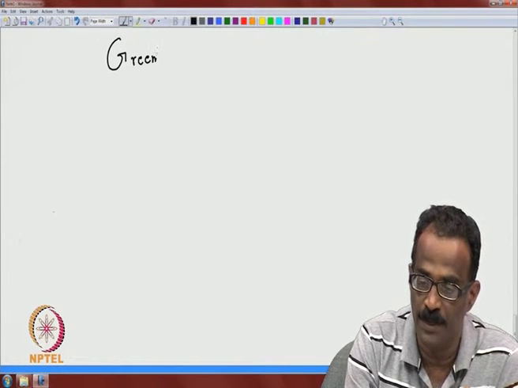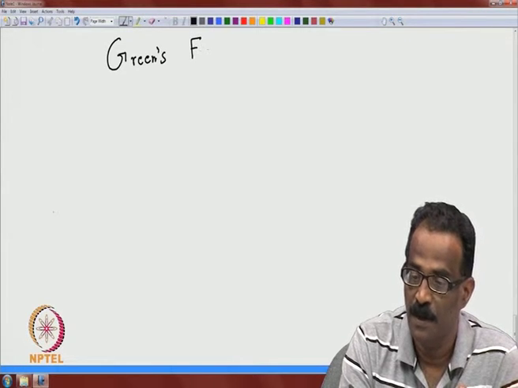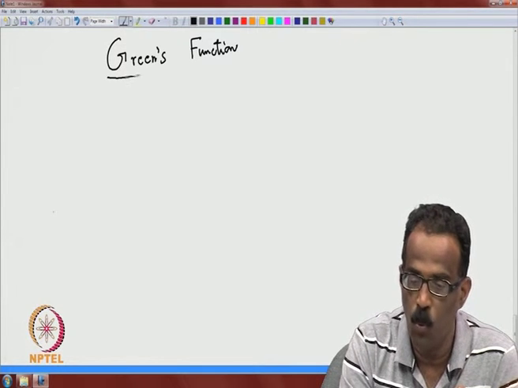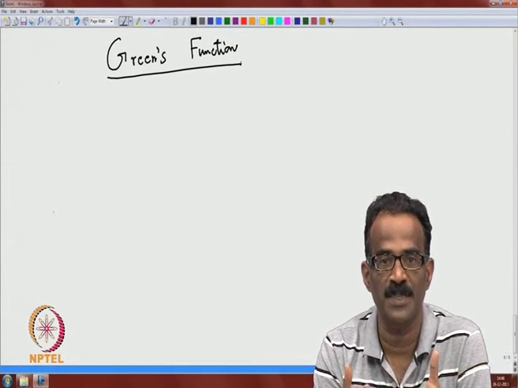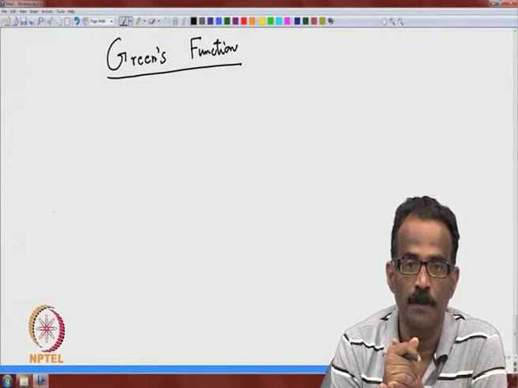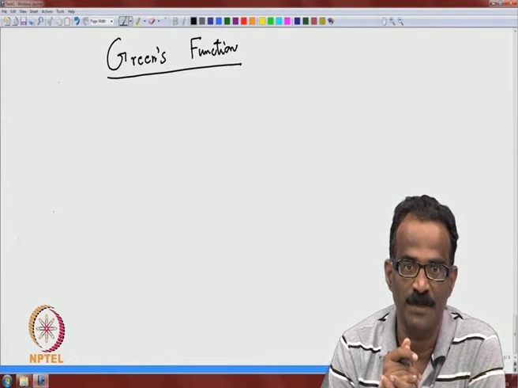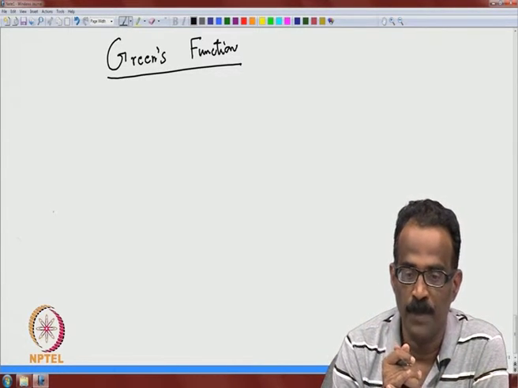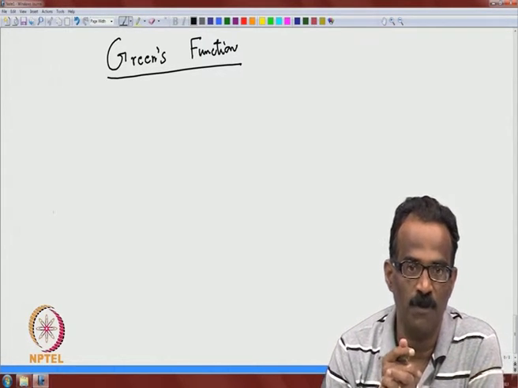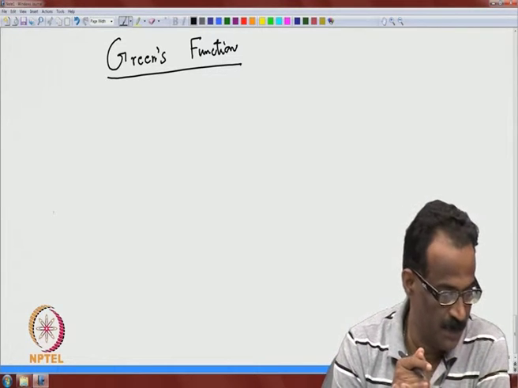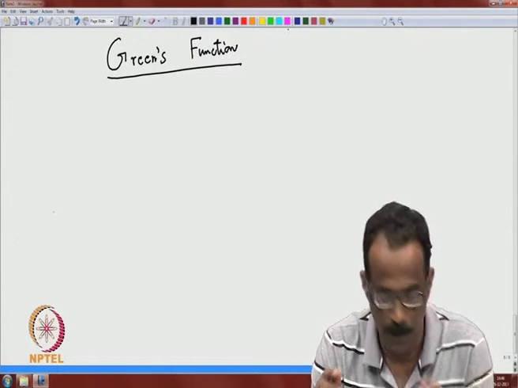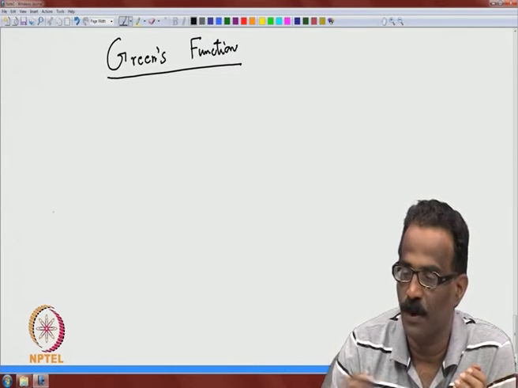I am not going to do too much of Green's function here. My idea is just to motivate you why the Green's function comes naturally in this setup. Green's function is basically used to represent solutions, to get a representation formula. But why do we expect such a Green's function, and what is a Green's function in the setup of these second order equations? Let me recall your operator once more.